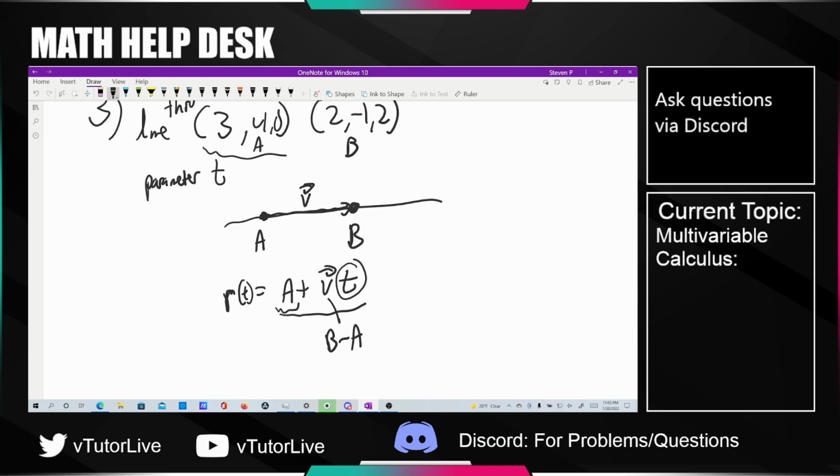Does this one make sense, or should I spend a little bit more time on it? Do you all understand why we had to introduce the arbitrary parameter t? Can you explain it your way, because it's good to hear? Yeah. So how would you do this problem if you didn't introduce a variable t? If this was one-dimensional calculus and you had 2 points, you could get the slope between them, or you could talk about a vector between them.